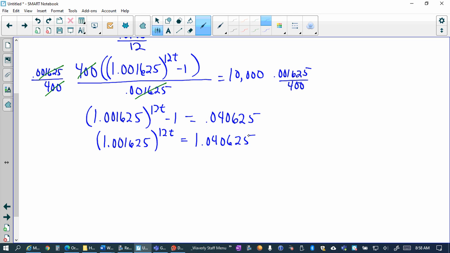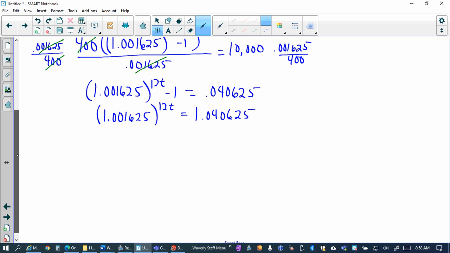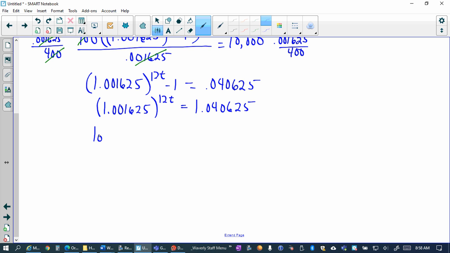I guess they go through both methods. We'll use the one where we just take the log base 10 of both sides. So log base 10 of 1.001625 to the 12t will be the log base 10 of 1.040625.